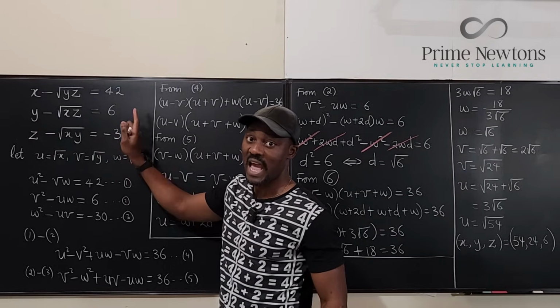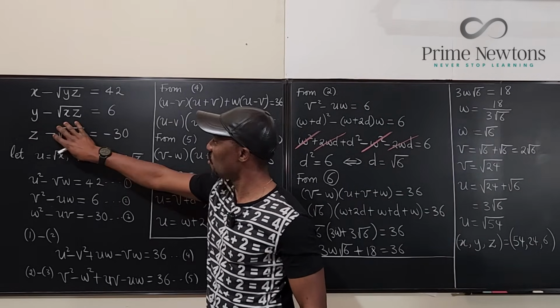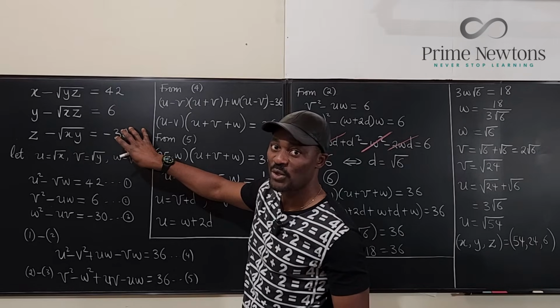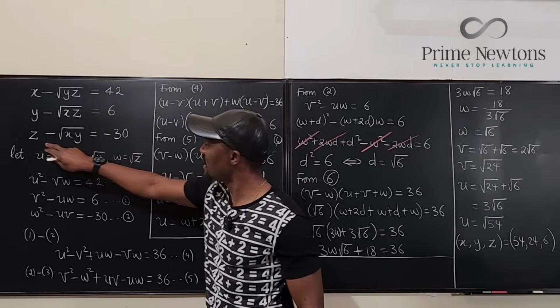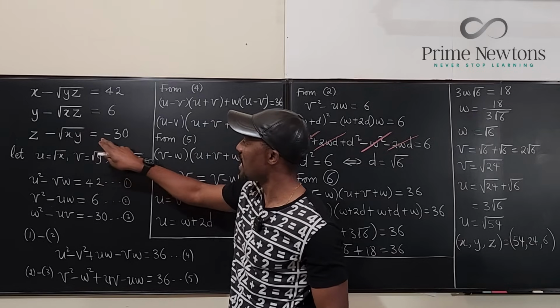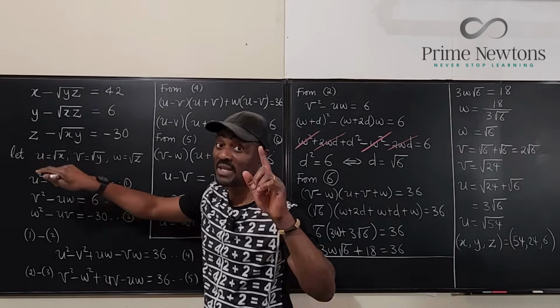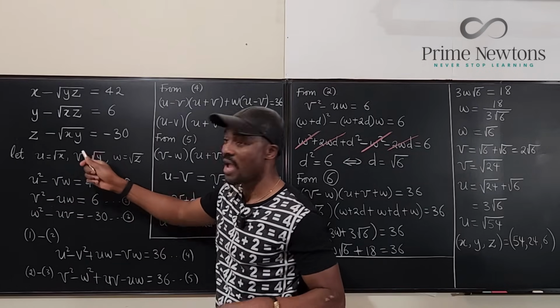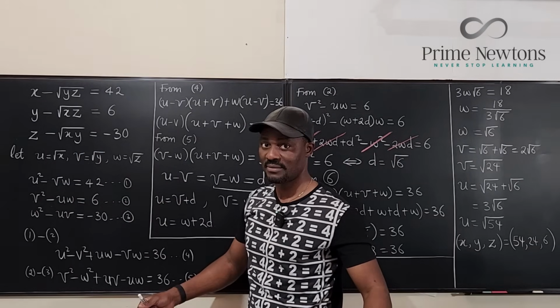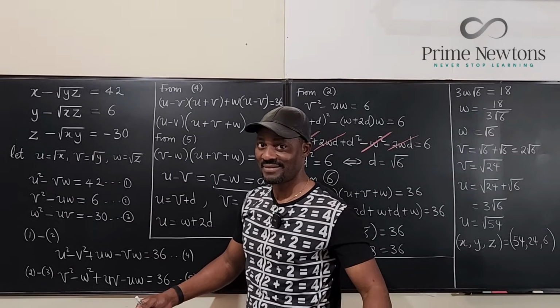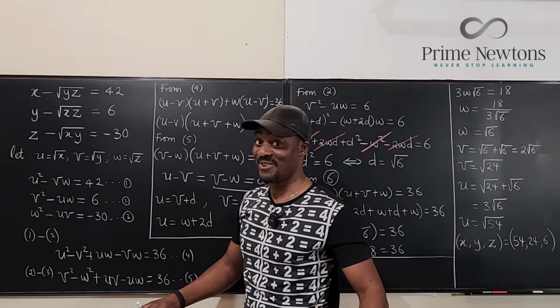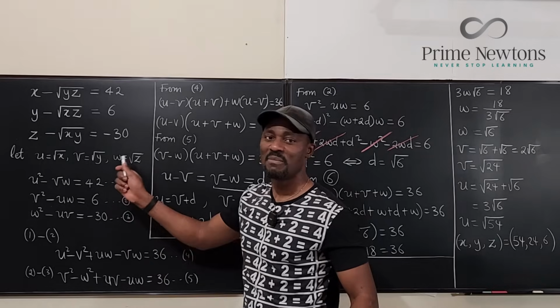And if you move this over to this side, z is square root of xy minus 30. z also must be positive because x and y are both positive. You don't believe that? Think about it very well.